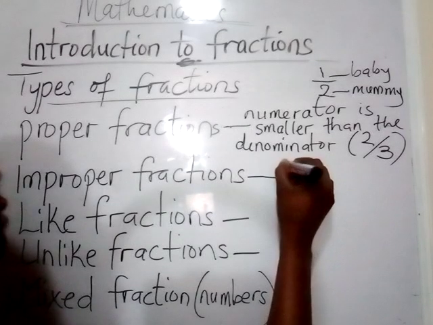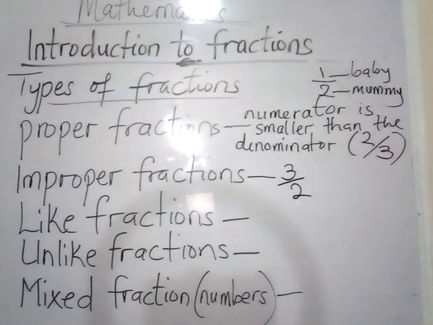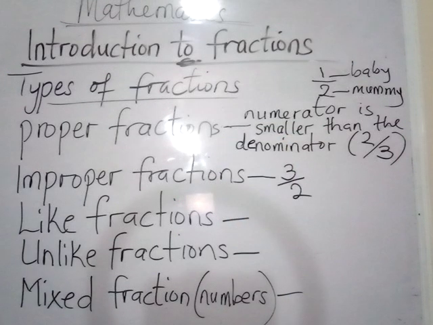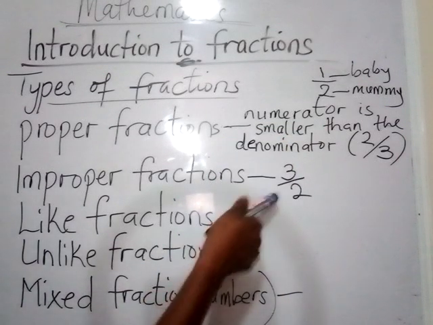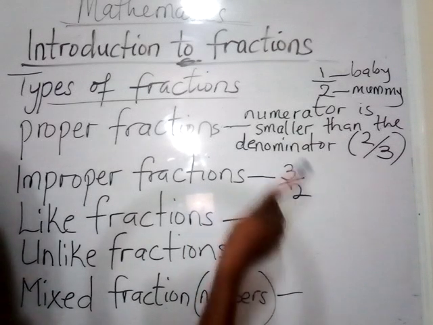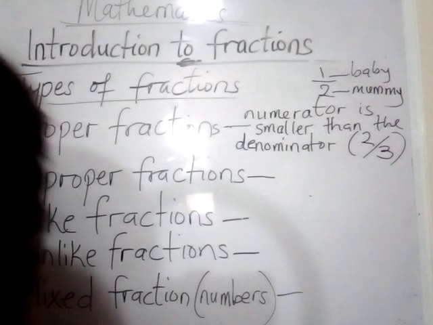But when you have a number like 3 out of 2, when you have the numerator being bigger than the denominator, it is not proper. Baby cannot be carrying mommy. The bigger number is the mommy, right? Now you are telling us that the baby is carrying the mommy. It's not proper. So in a case like this, you call it improper fraction.